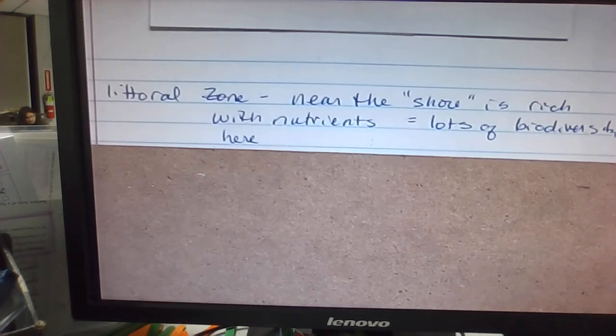Lots of nutrients means lots of food for different types of critters. So we've got lots of biodiversity, lots of diversity of life.